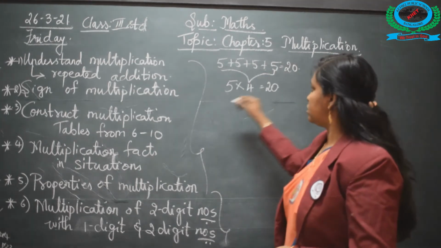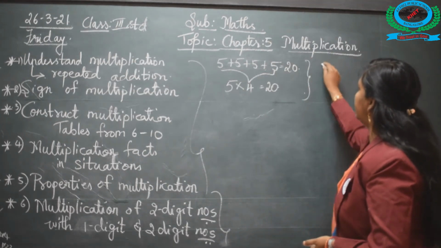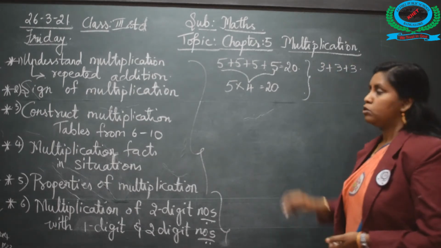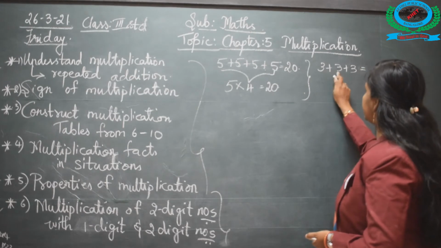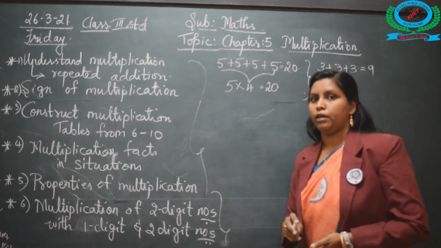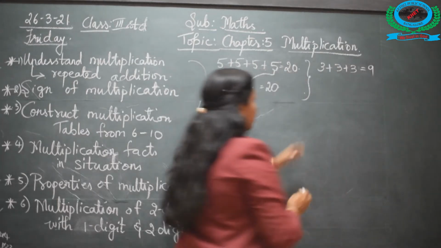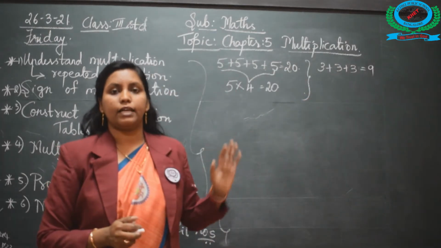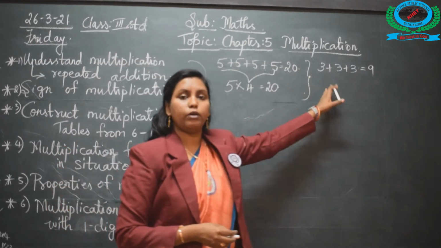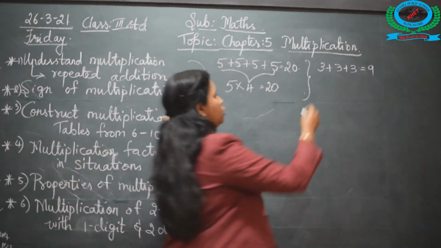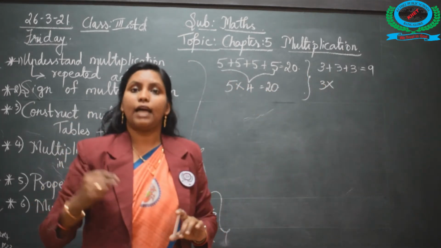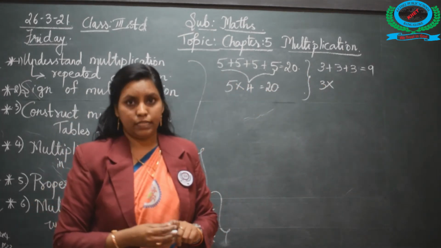Okay, so suppose I give you one more example like 3 plus 3 plus 3. So here 3 plus 3 is 6, 6 plus 3 is 9, isn't it? Then how are you going to write it as multiplication? So this is the addition form. How are you going to write it as multiplication? So 3 into, how many times is 3 added?